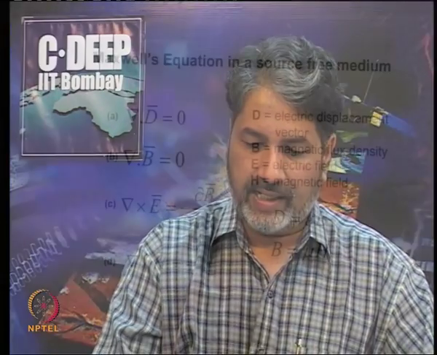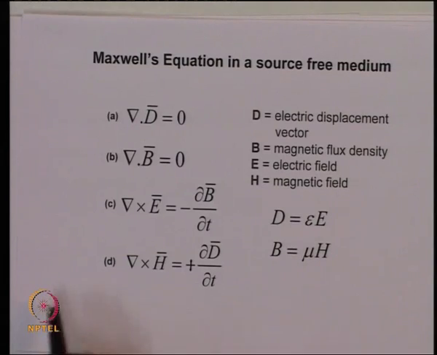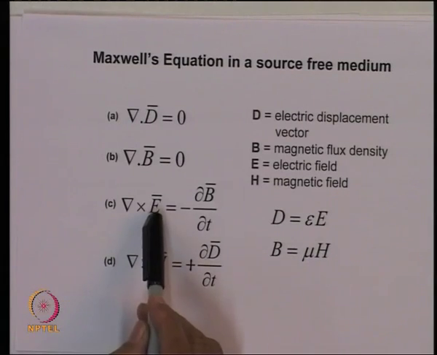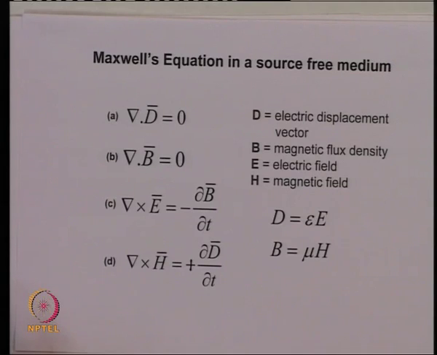You can see E is related to B and B is related to H. So in this equation E is related to H, and in this equation H is related to E, because D is epsilon times E. So, these two equations are the coupled equations for the electric and magnetic fields.